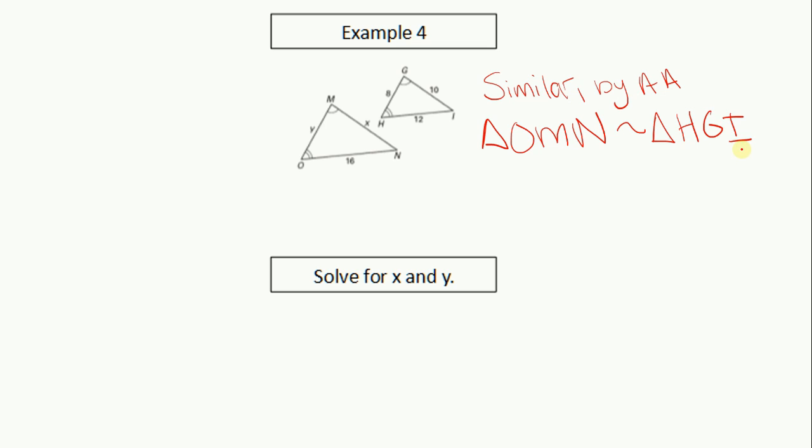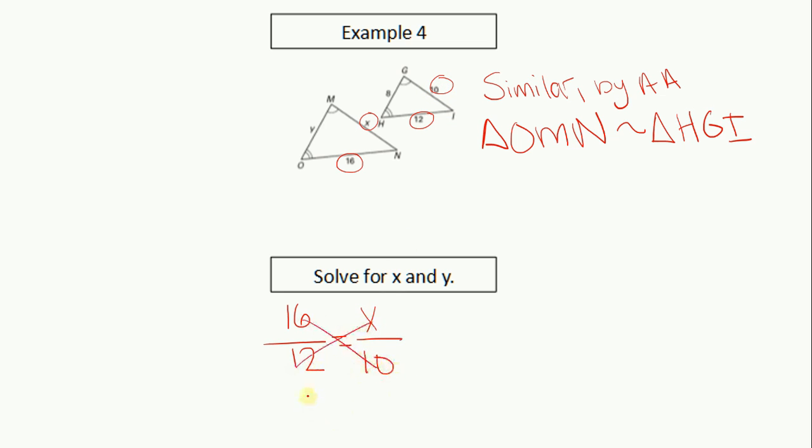Now, let's solve for x and for y. So we need to do some setup, because remember, if I can prove two triangles similar, that means my sides are proportional. So I'm going to go big triangle to little triangle. I noticed that 16 and 12 are available to be over one another. So I'm going to go 16 over 12 equals, let's do x over 10. There we go.